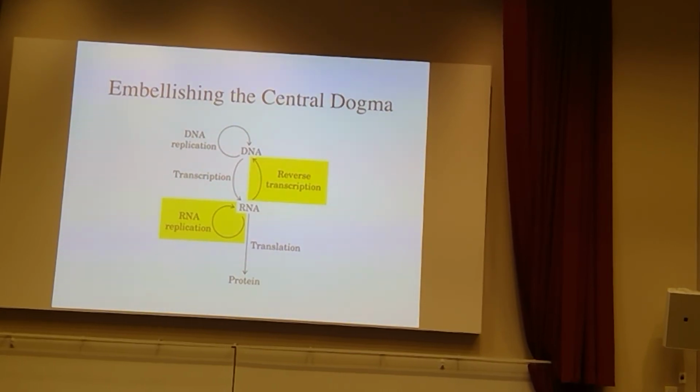So I'm now going to flesh out a little bit more about the use of nucleic acids as templates for polymer synthesis. And I'm going to spend just a little bit of time talking about ways that information flows in some kind of unusual ways.